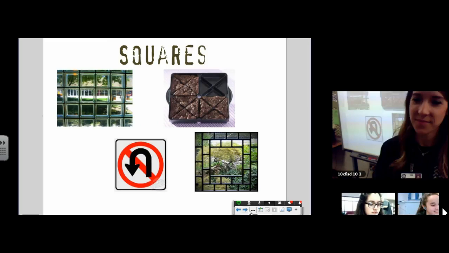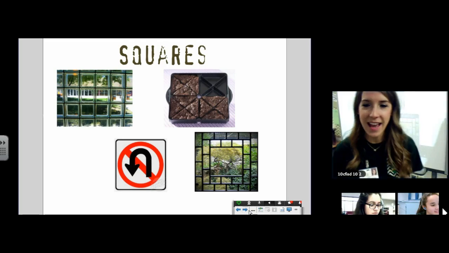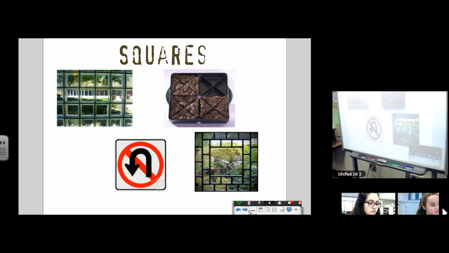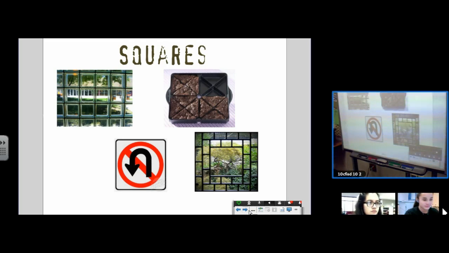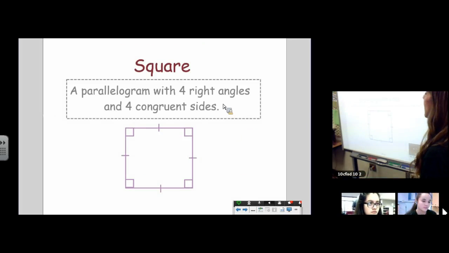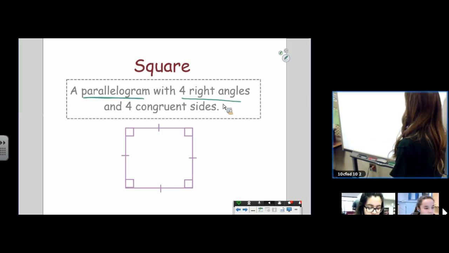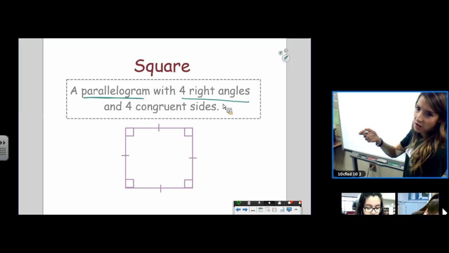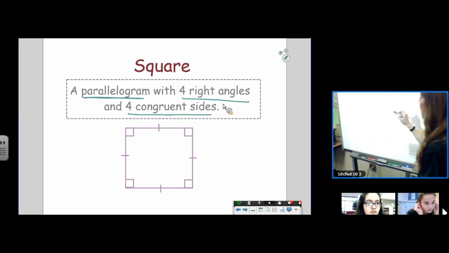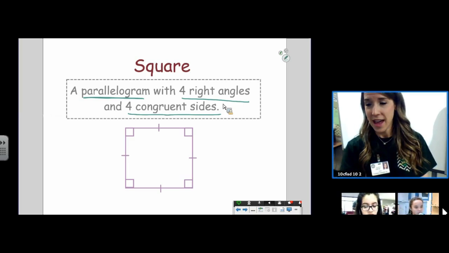Hopefully. All right, guys, we made it to square, the king of the land. The square is extra super special because the square is everything. A square is a parallelogram with 4 right angles. Oh, that makes him a rectangle. And 4 congruent sides. That makes him a rhombus. So a square is a parallelogram that is both a rectangle and a rhombus.